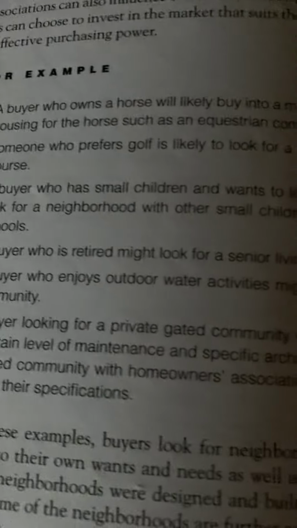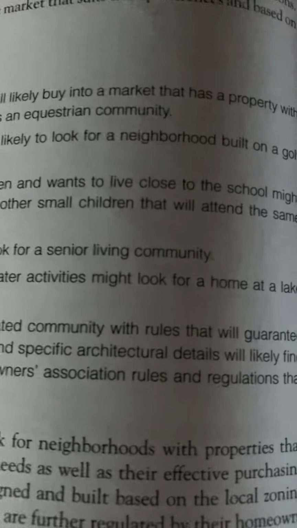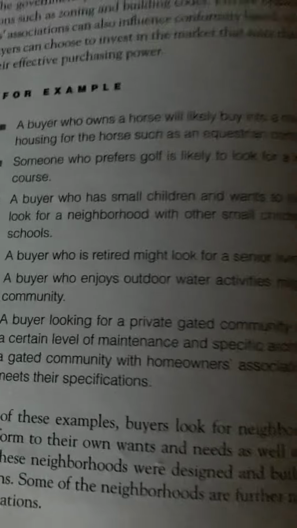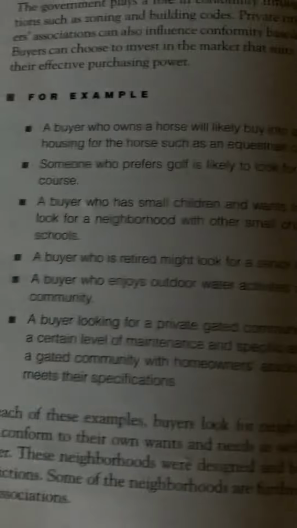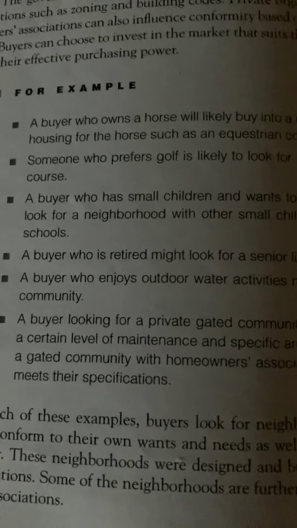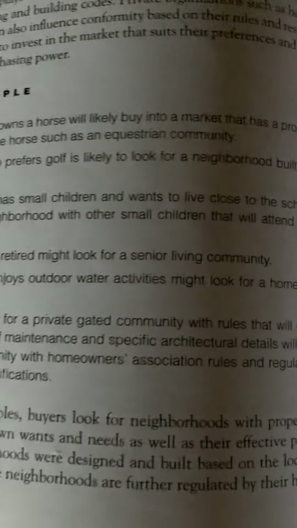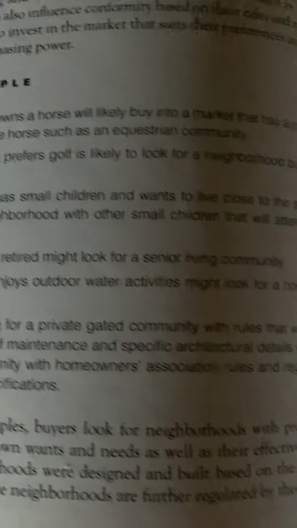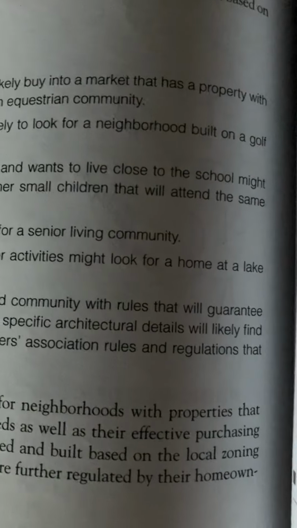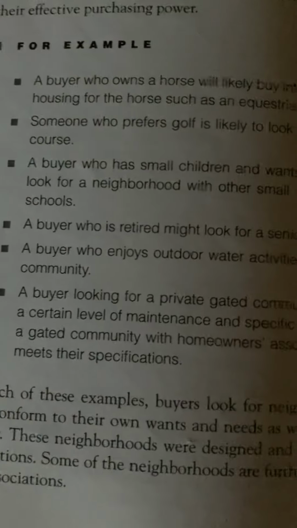A buyer who has small children and wants to live close to the school might look for a neighborhood with other small children that will attend the same schools. A buyer who is retired might look for a senior living community. A buyer who enjoys outdoor water activities might look for a home at a lake community.